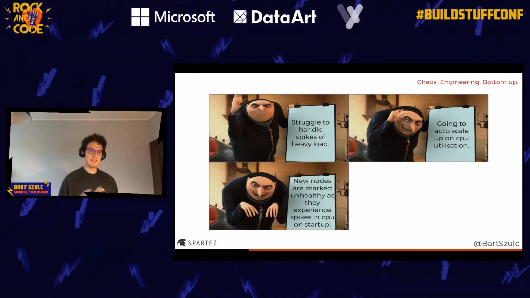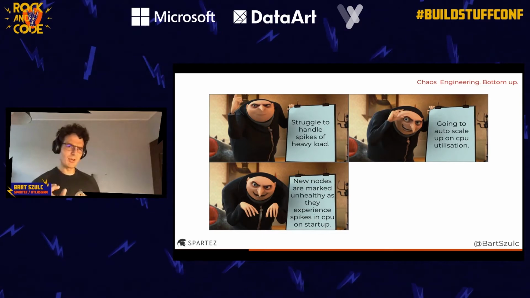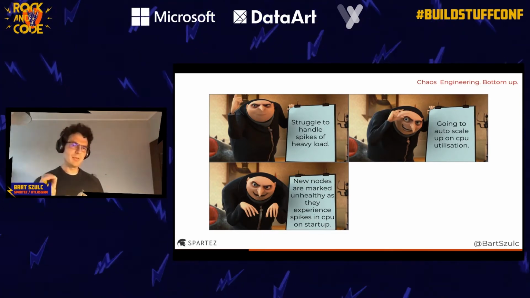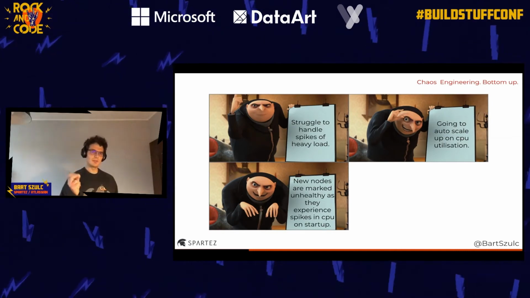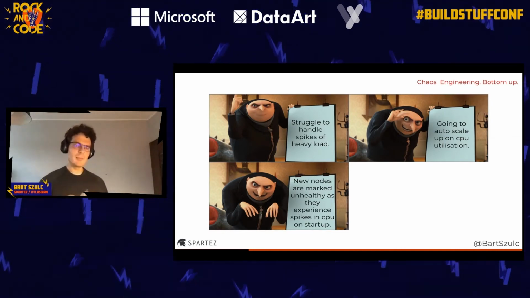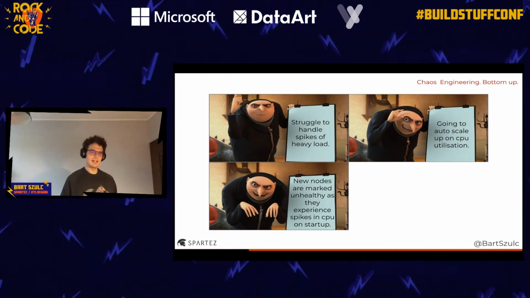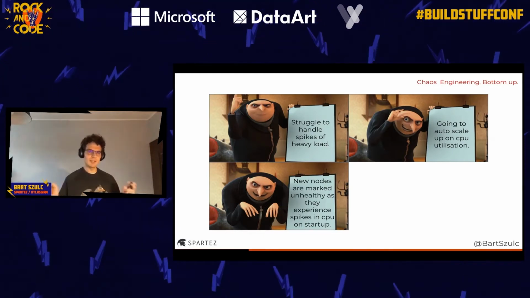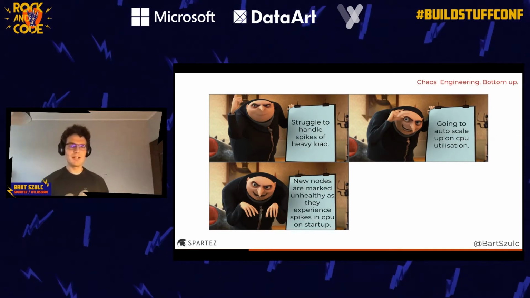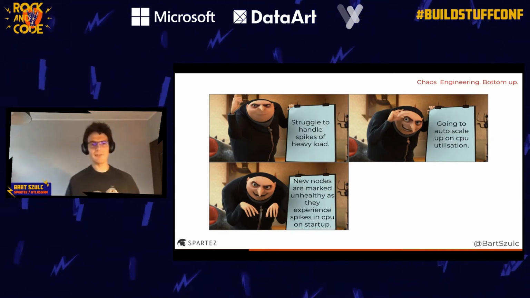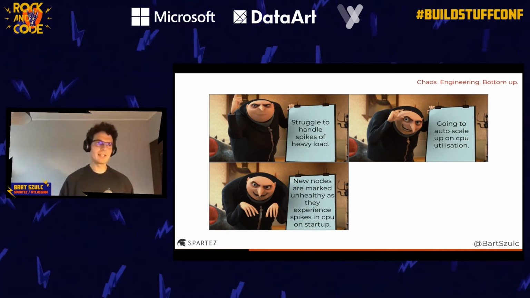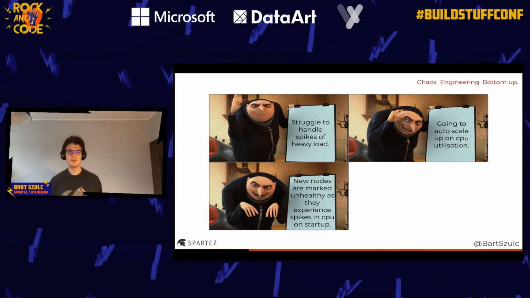What we didn't know is that there was a small window of time when the CPU utilization could jump to high values when the new nodes were initialized. And this caused the orchestration mechanisms to mark those new nodes as unhealthy, and they were basically never available to take the load from existing nodes.